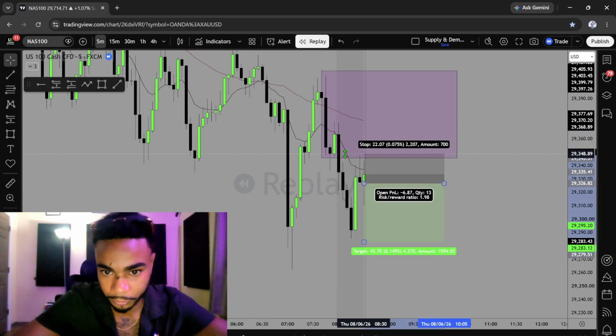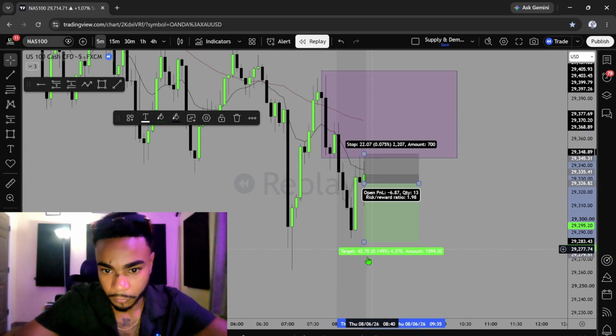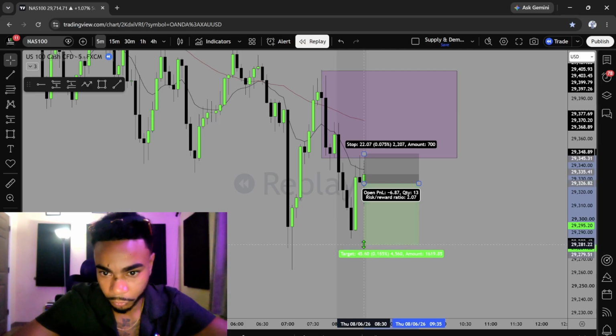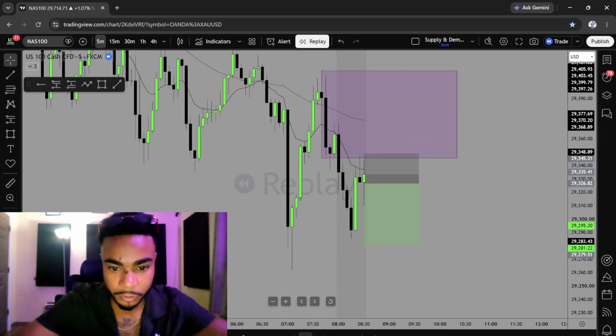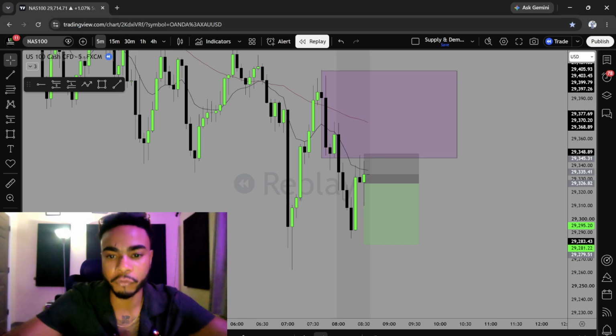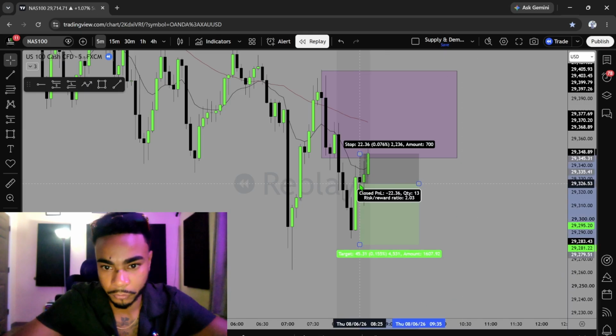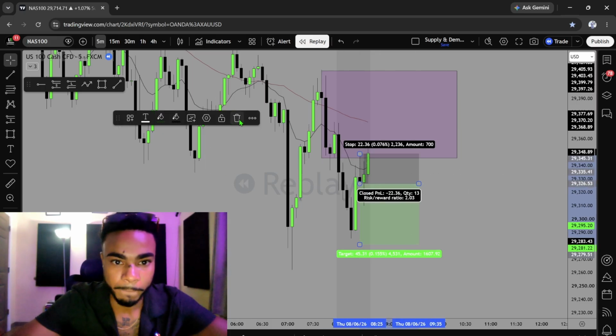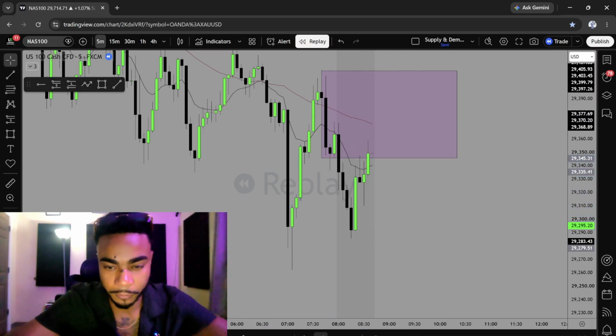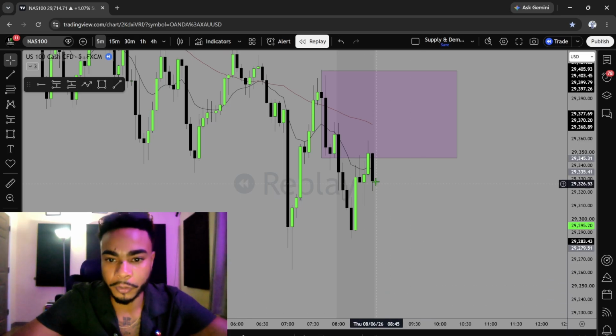So I got in on this first entry right here. I put my stop loss right there. Target is always 1 or 2 times my risk. And then on this first entry, bam, got smacked out of the trade, hit my stop loss. So I was already down for the day. Then we got another entry right here.